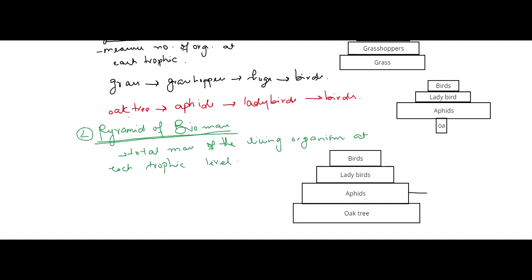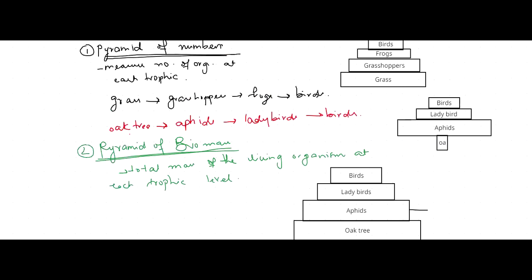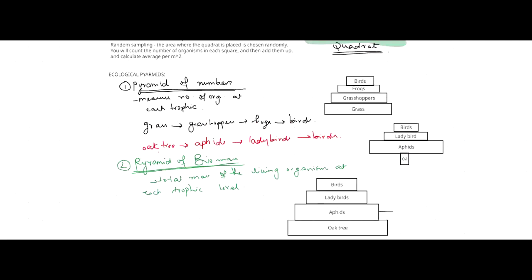Okay. So now when we are talking about this pyramid, if you remember, I told you that the maximum number of consumers that we can have is usually quaternary, right? We don't usually have more than 4 consumers. So we can have producer, primary consumer, secondary consumer, tertiary consumer, and then quaternary consumer.